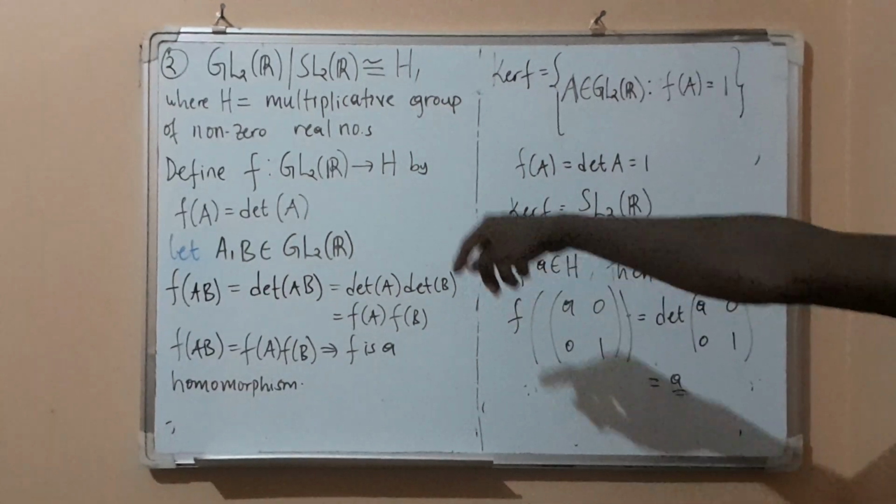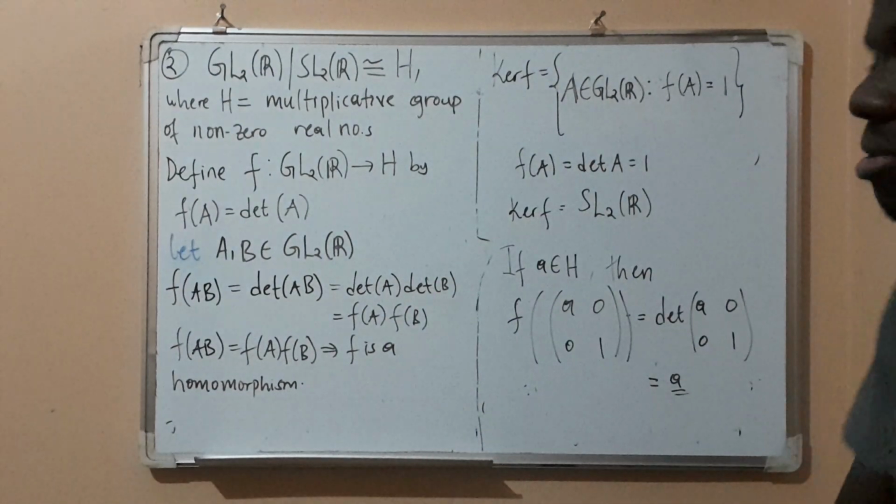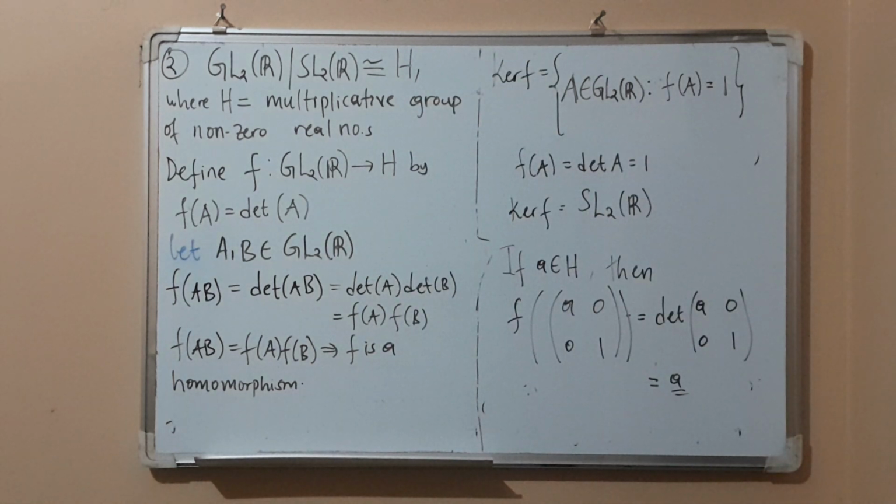So for each element which you pick from the range, you will be able to get an element which is mapped onto it from the domain.